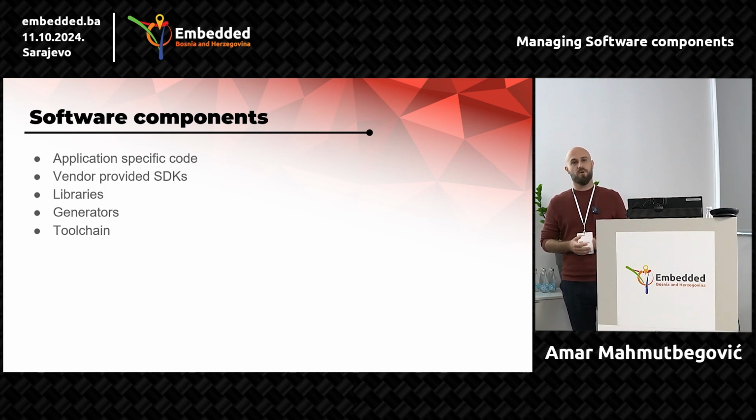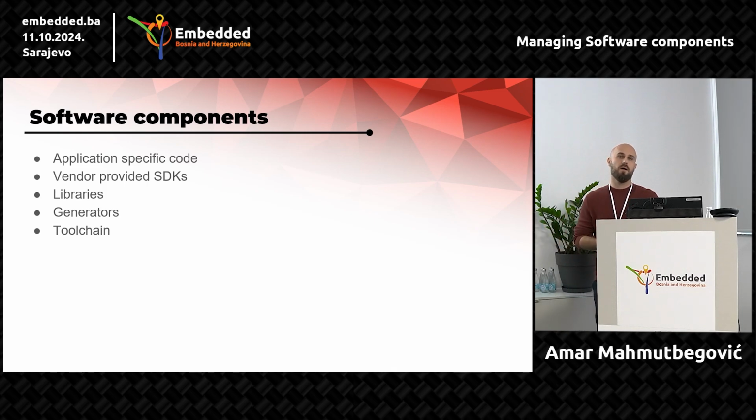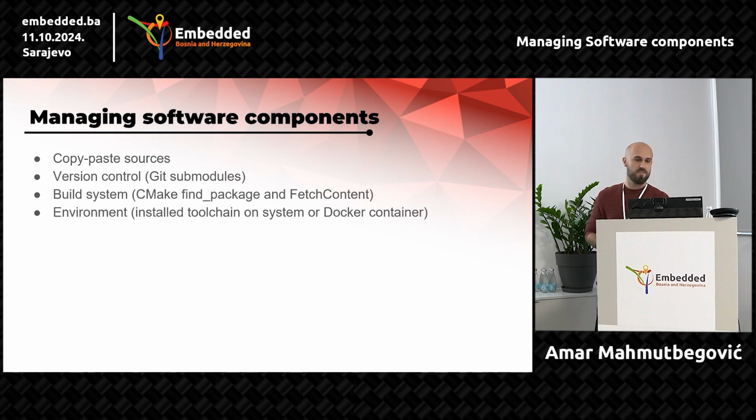An example would be protobuf. But also the toolchain: compiler, linker, everything that comes with the toolchain is a software component, and also tools that we use for building our projects, such as CMake, Makefile, and so on, right? So those are all software components.